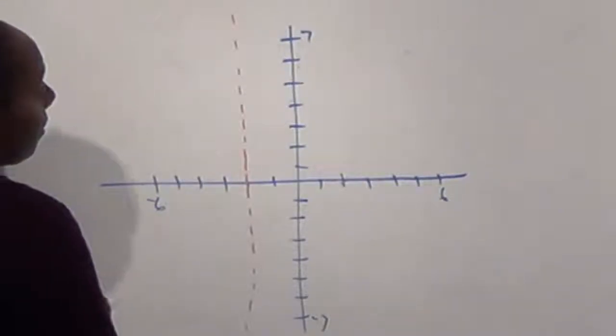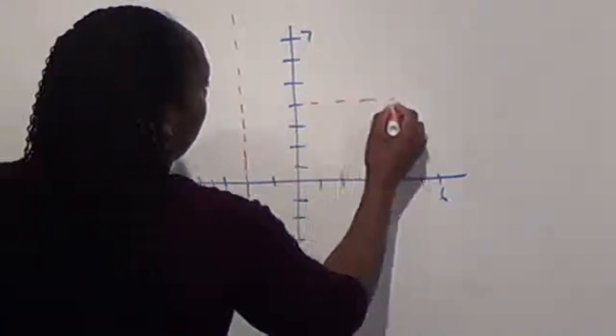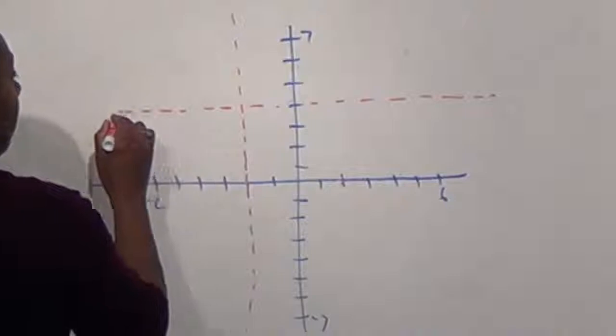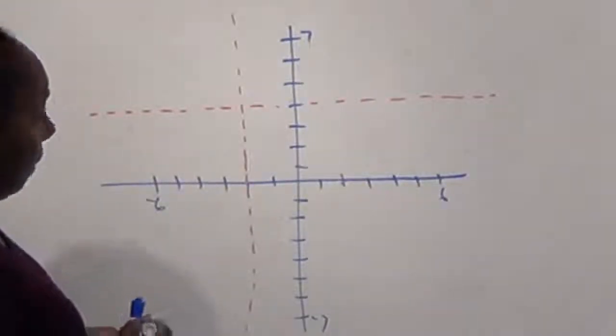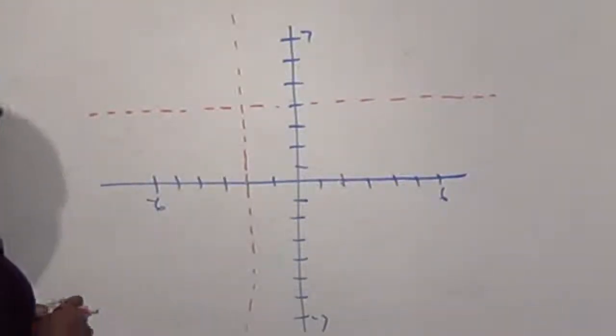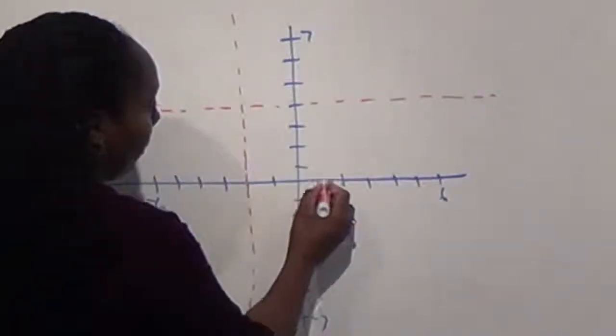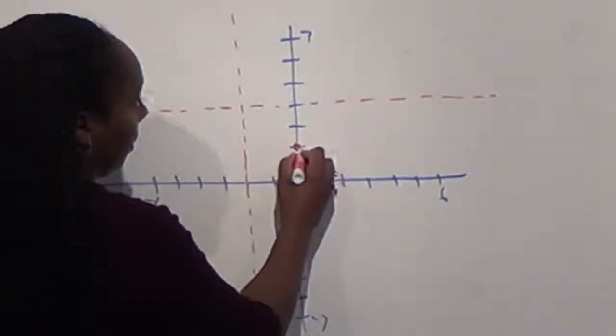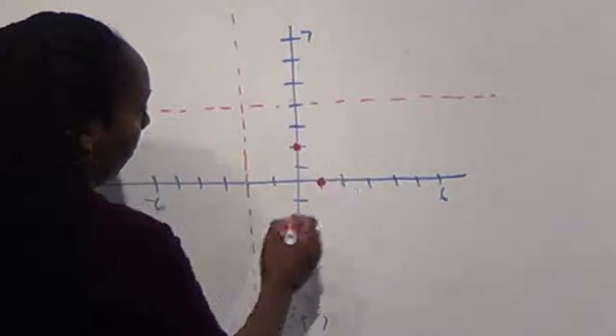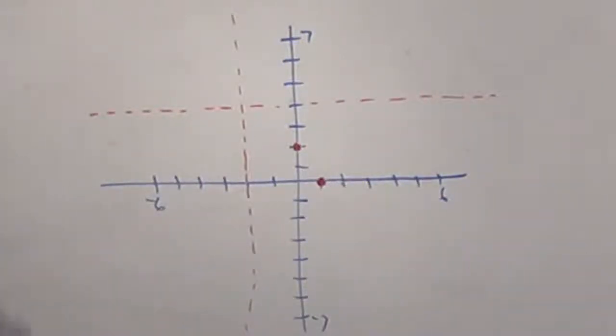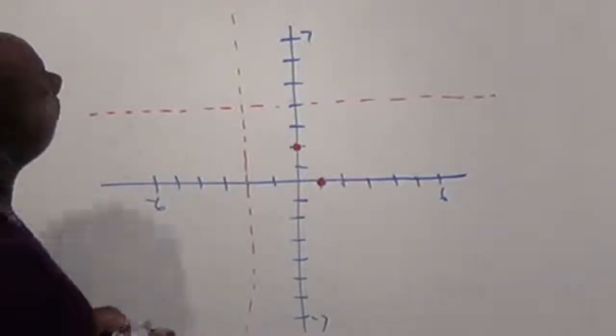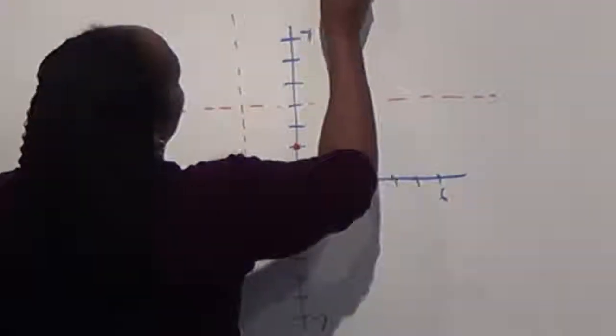My horizontal asymptote is at y equals 4. Okay. And we have intercepts at (0, 2) and (1, 0). Oh, and that's bad. That's a positive 2 there, so that should be a negative 2.